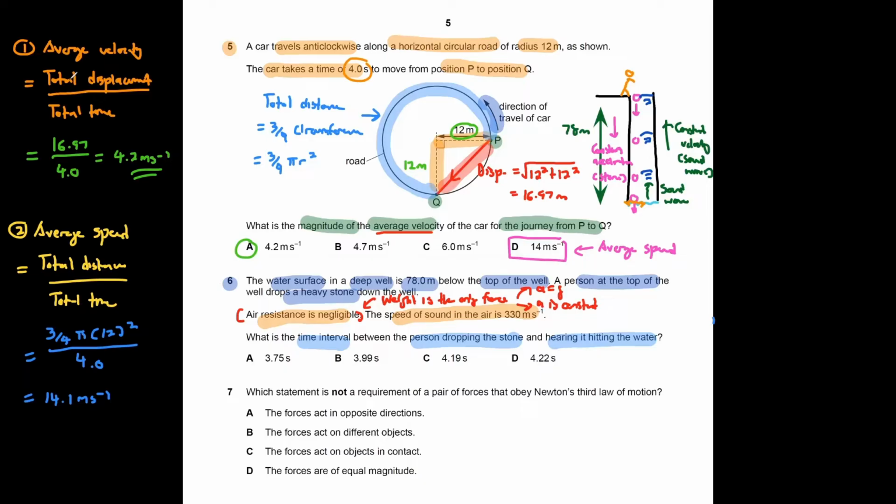Okay, so we're interested to find out the time taken between dropping the stone and actually hearing it hitting the water. Okay, so we want to find out time t1 for the stone moving from the top of the well to the water. And we also want to find time t2 for the sound wave being emitted from the bottom of the well going all the way to the top of the well.